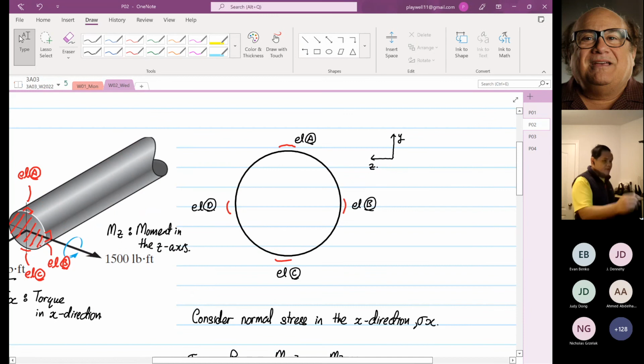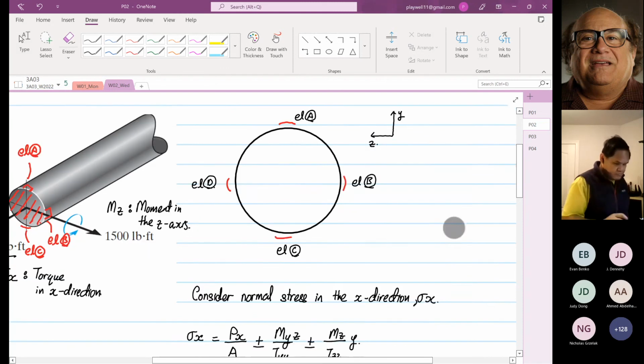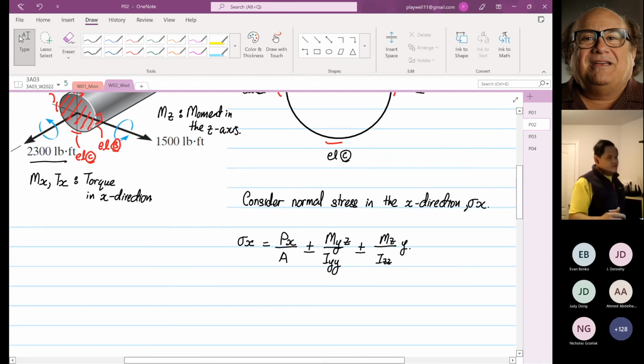Before I go any further, what we are doing here is to find out which element will fail. Is it element A, B, C, or D? We don't know yet. This is where the analysis starts kicking in. You have all seen a formula like this before in 2P04, yes or no?